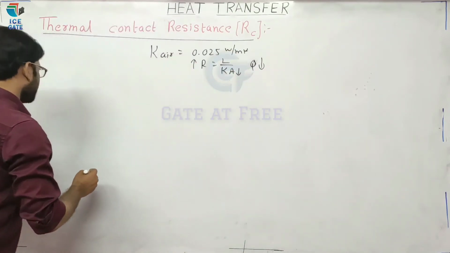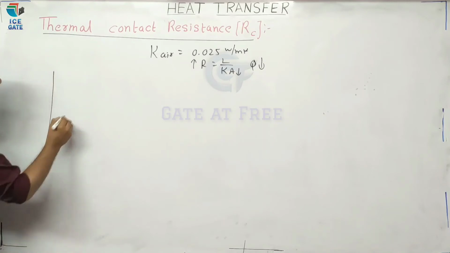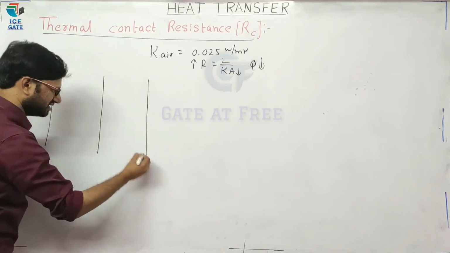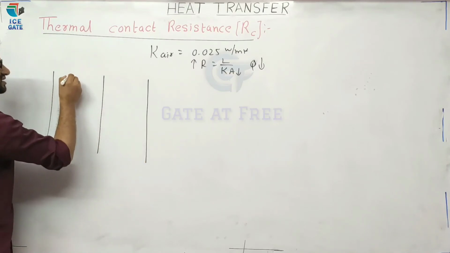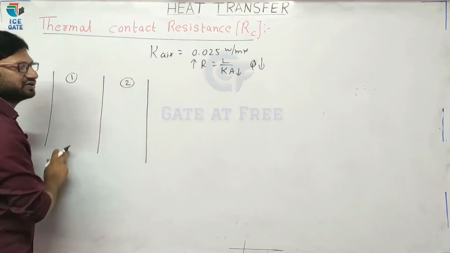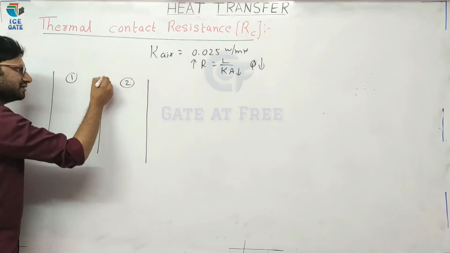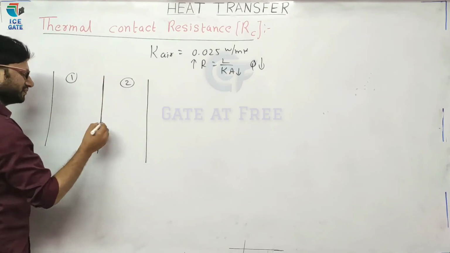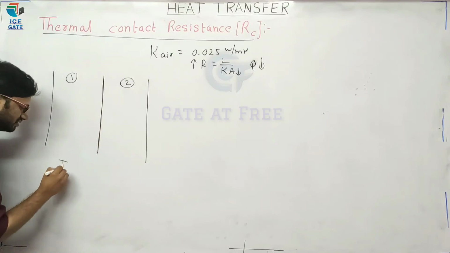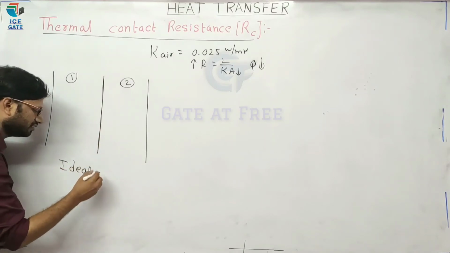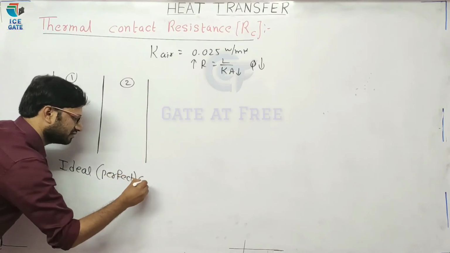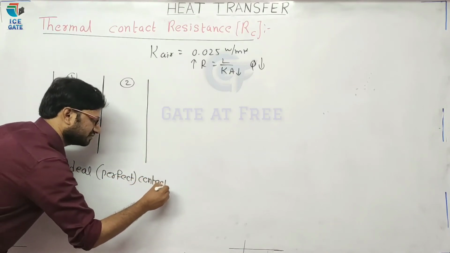Now in the previous analysis of composite slabs, say this is layer 1 and this is layer 2. The contact between layer 1 and layer 2 is perfect, an ideal contact.